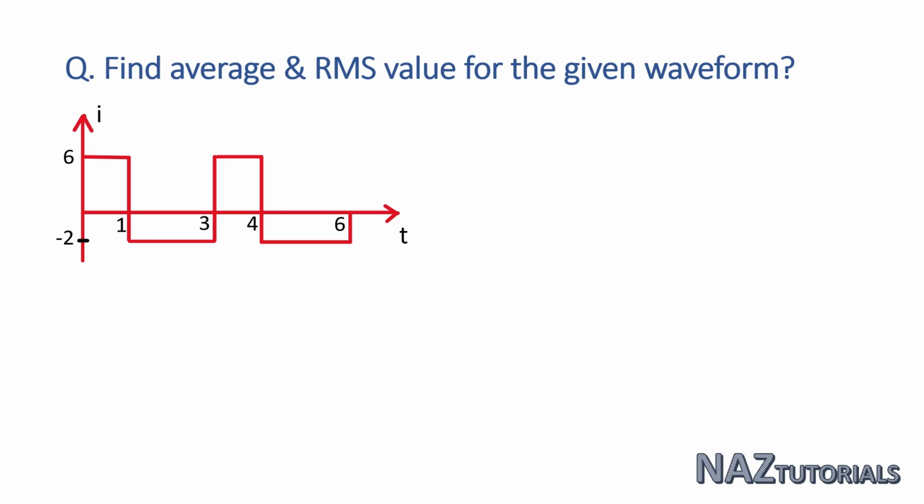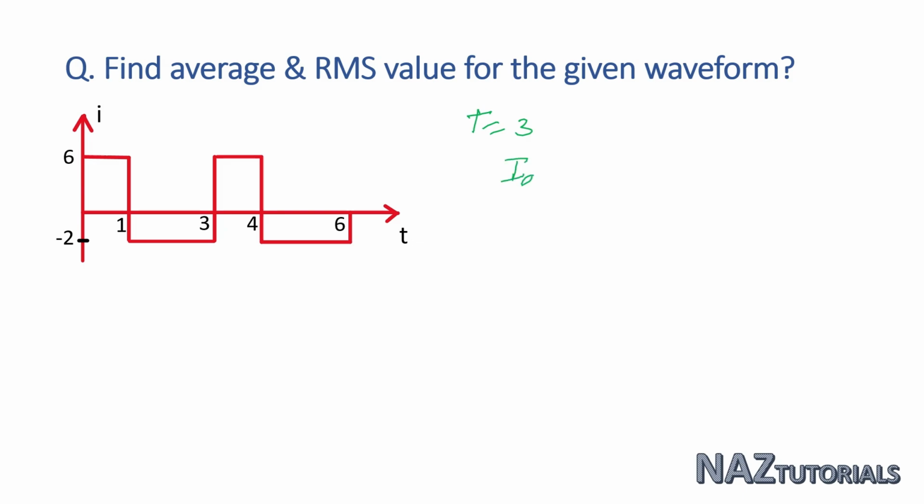Now calculate the average and RMS value for this wave shape. In this wave shape, our time period is 3 seconds. This wave is repeated every 3 seconds. So here our time period is 3.